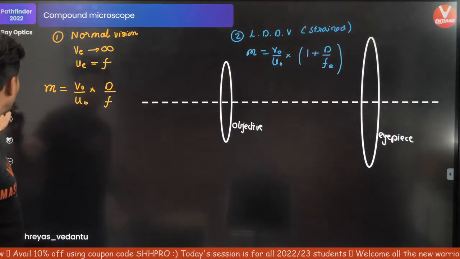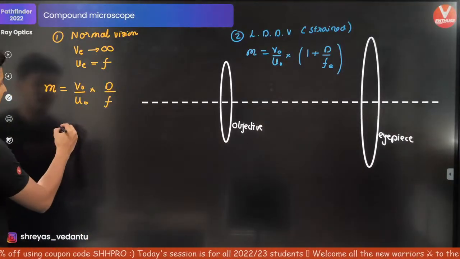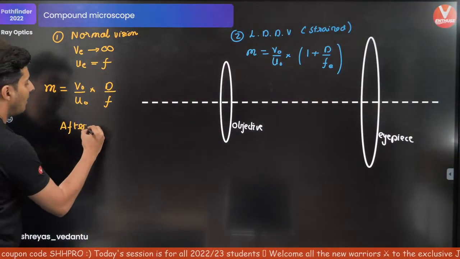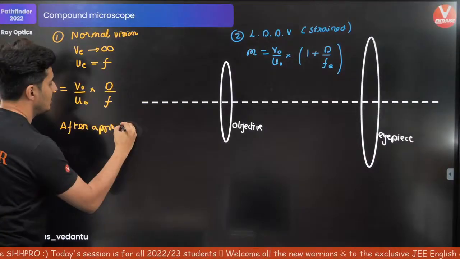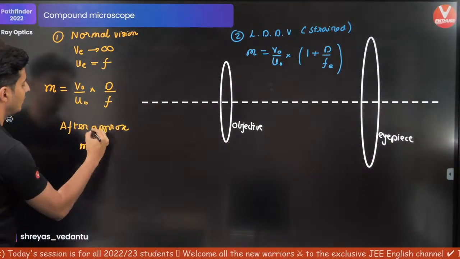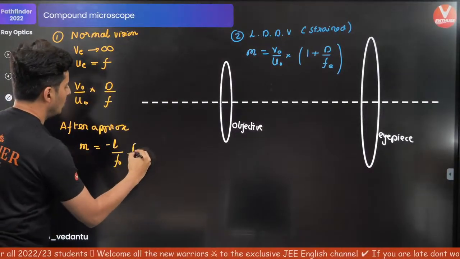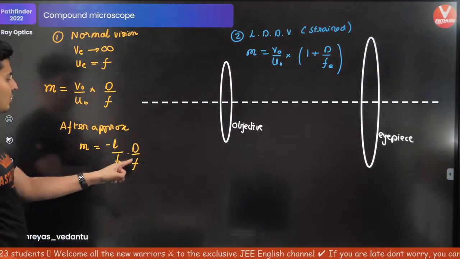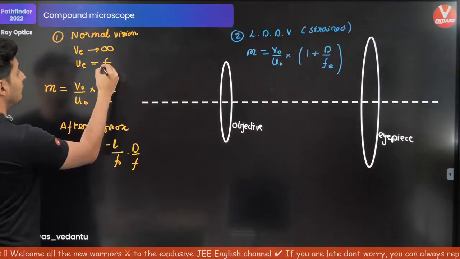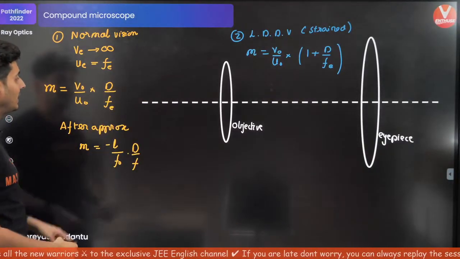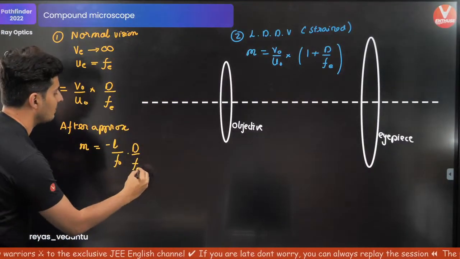Many of the books you will also see, after approximation, the magnifying power formula will be minus L by F naught into D by F. But this F is the focal length of the eyepiece. Let me remind you, this is the focal length of the eyepiece.